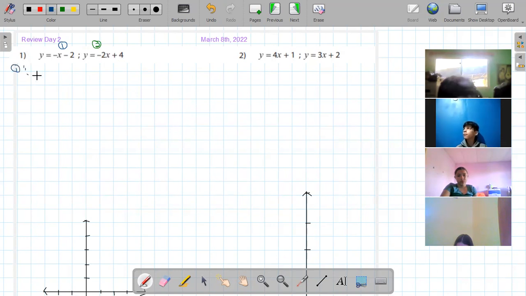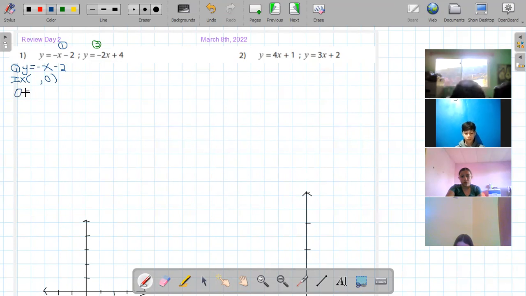y equals negative x minus 2, and I'm going to look for the intercept in x. And what is the intercept in x? The intercept in x is when I need to find the value of x, but y will be equal to 0. So I'm going to substitute that y with 0 in my equation.